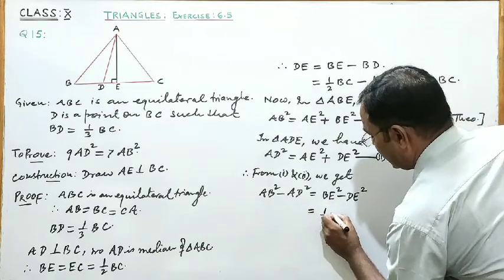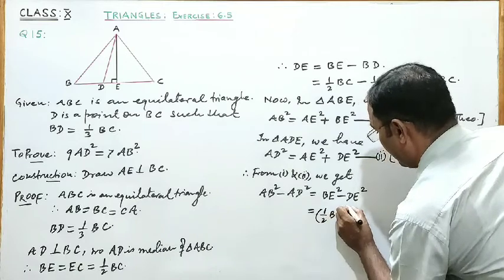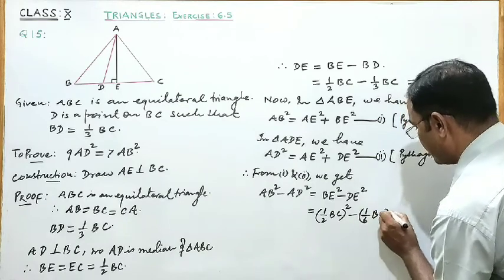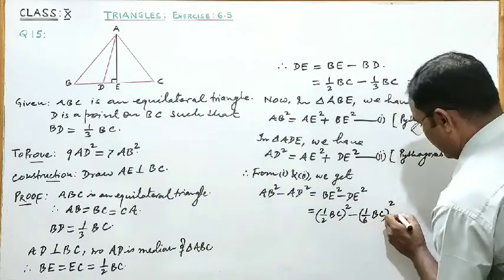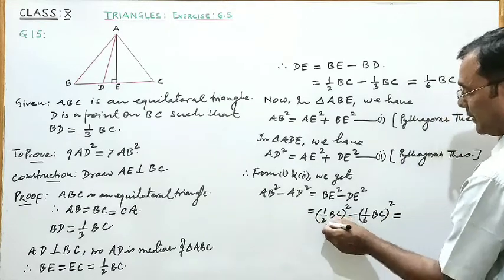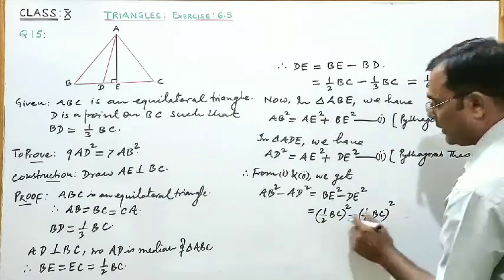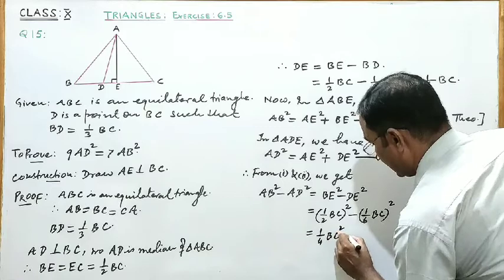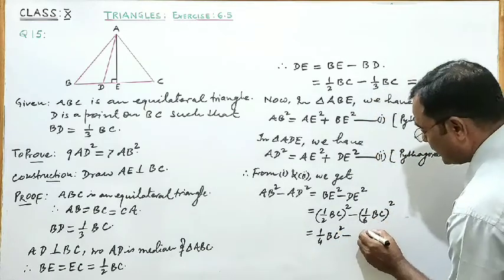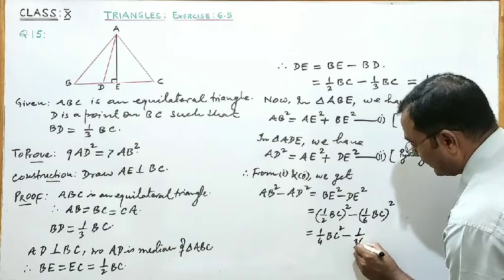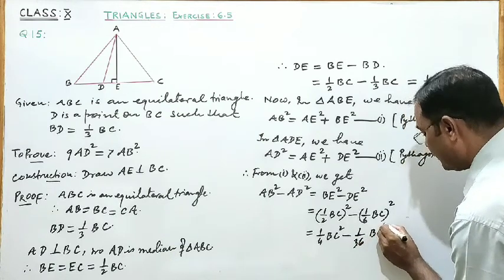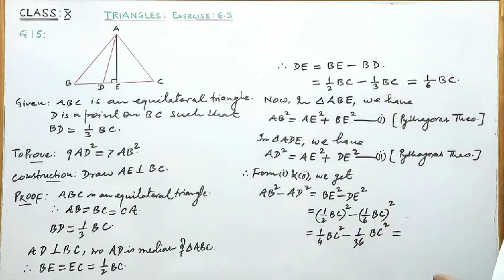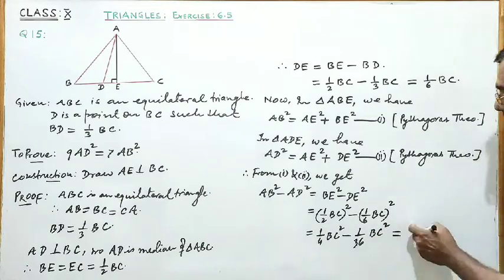So half BC whole square minus 1 by 6 BC whole square is 1 by 4 BC square minus 1 by 36 BC square.